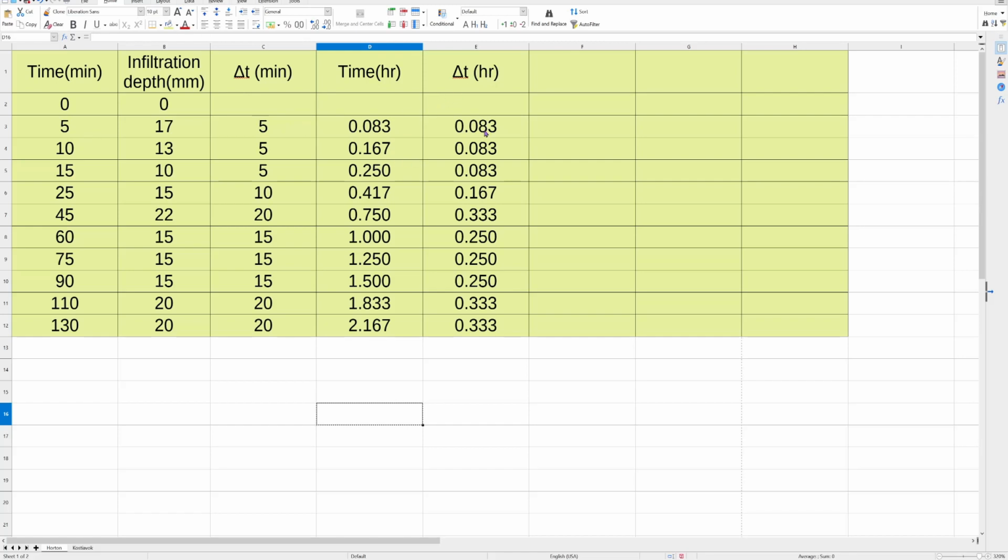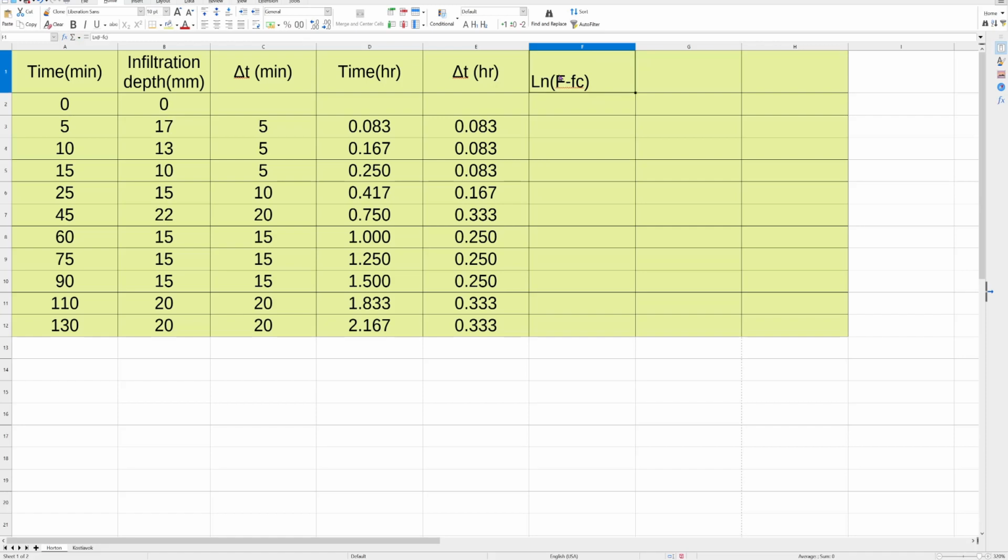In my hand calculation session, I explained that to calculate the Horton's parameter, we need the value of ln of f minus fc. So this is required, right?